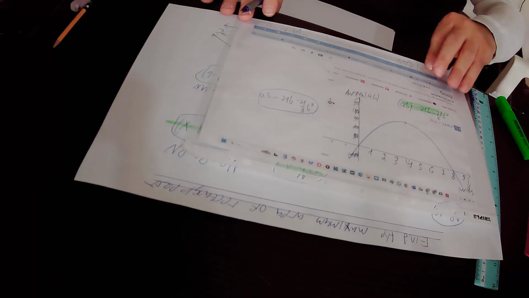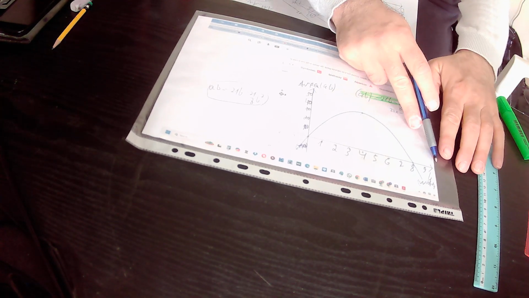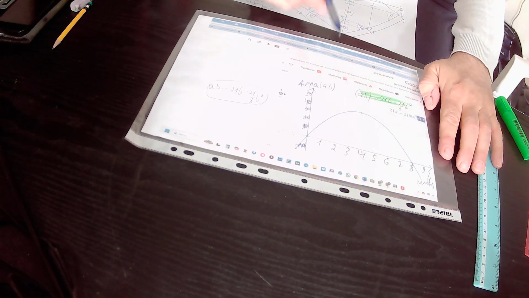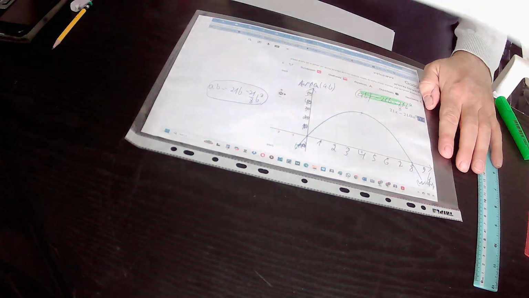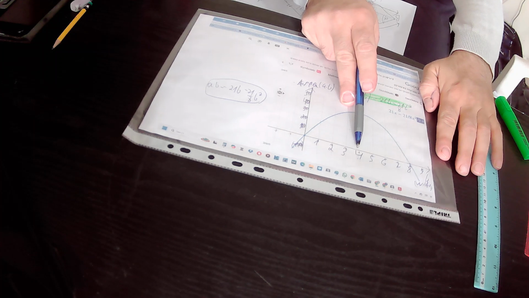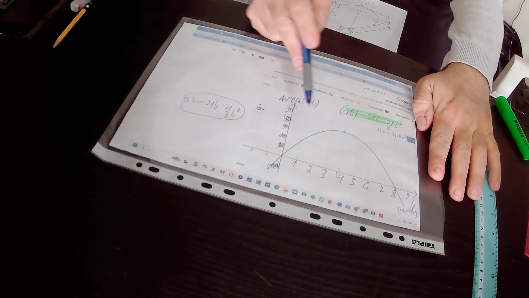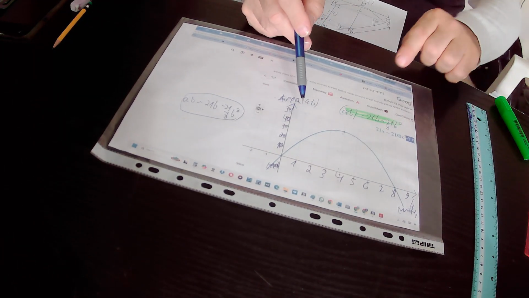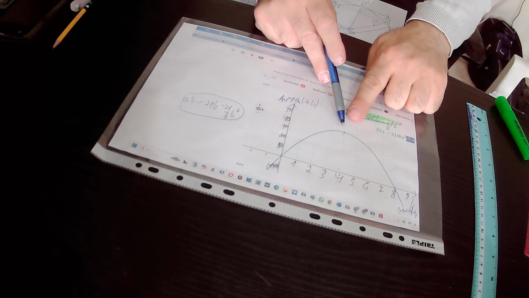And here, b is the width of this rectangle PQST. When b equals 4, the area of rectangle PQST is at this point.